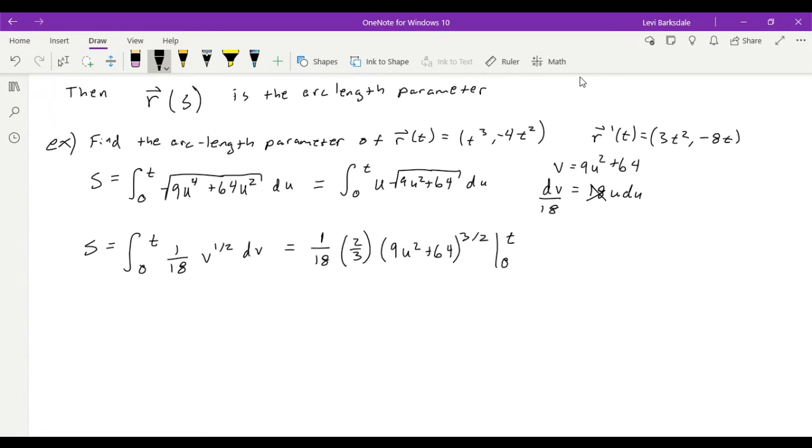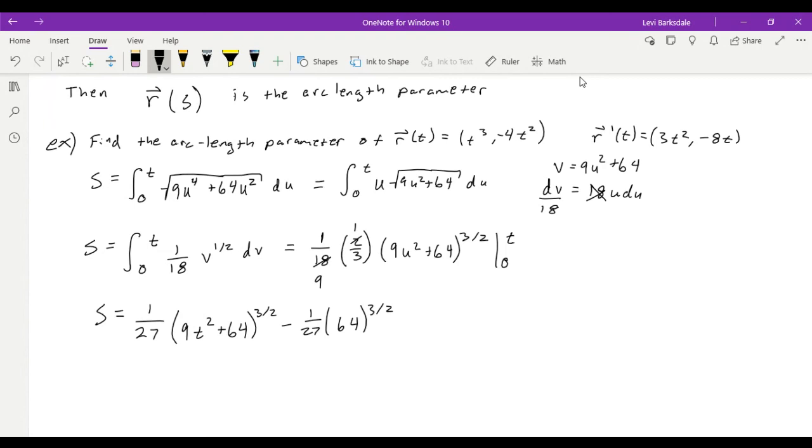Now when we plug in our t and our 0 as our limits of integration, we would get that s is equal to, that should simplify to 1 over 27 times 9t squared plus 64 to the 3/2 minus 1 over 27 times 64 to the 3/2.